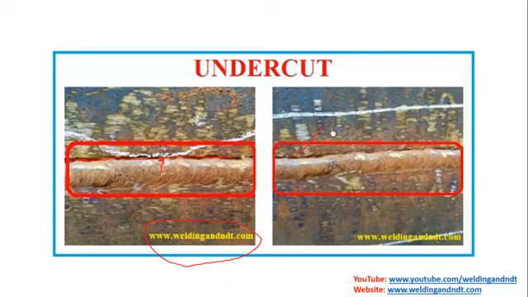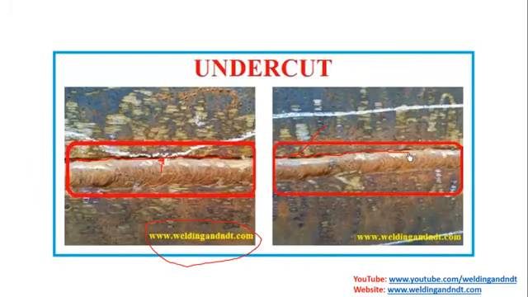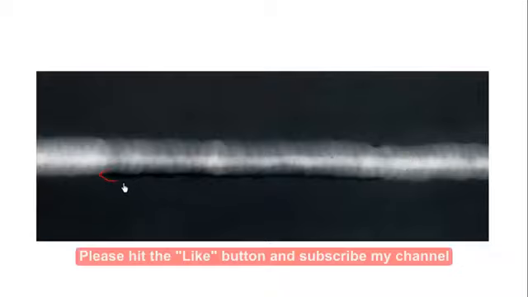In the second photo also you can see undercut. This undercut is nothing but a groove. So how can undercut be identified on a radiography film? If there is undercut, you will see a very dark line along the edge of the weld. Here is the edge of the weld, and at the edge you can see this dark line.